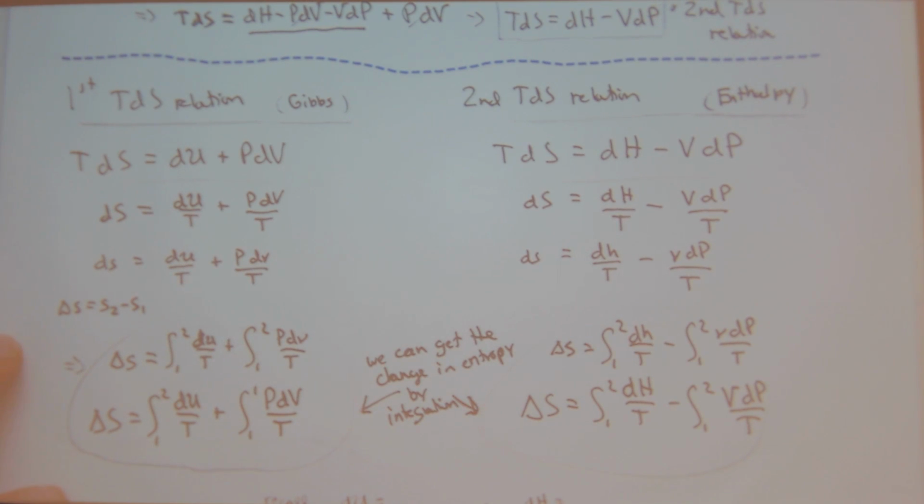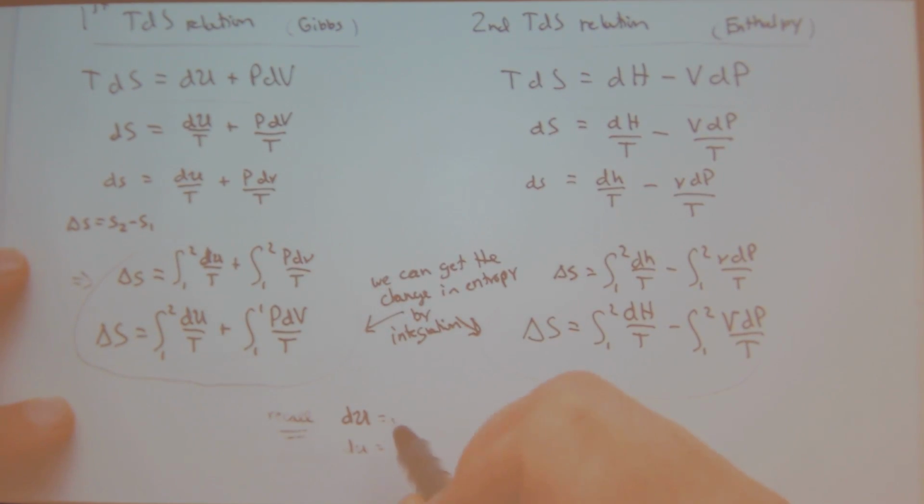So let's just recall that delta U is equal to CV times m dT, and d small u is equal to CV dT.